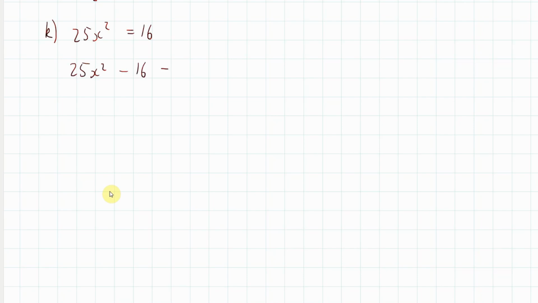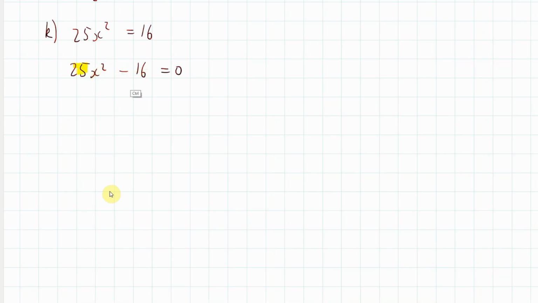Okay, now moving on, let's try something like K. So for K, we've got 25x squared equals 16. I would just probably bring that 16 across, and you see I've got a minus 16, and then I can make it equal to 0. Now you notice this is a square number, this is squared, and we've got a minus here.